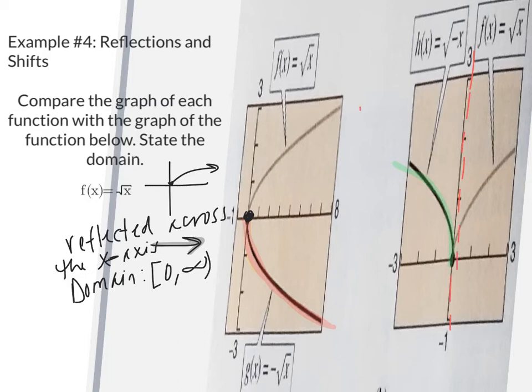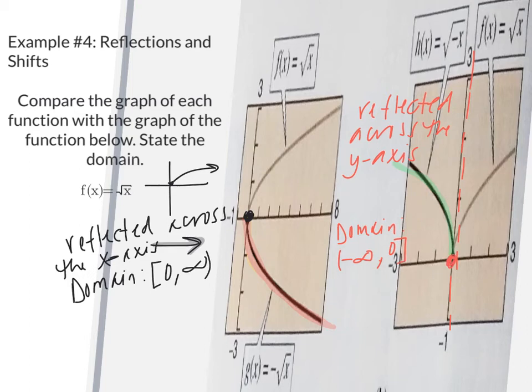So this one has been reflected across the y-axis. And then our domain, if I use interval notation, comes from negative infinity up to 0, and it's a bracket on 0 because it included that dot.